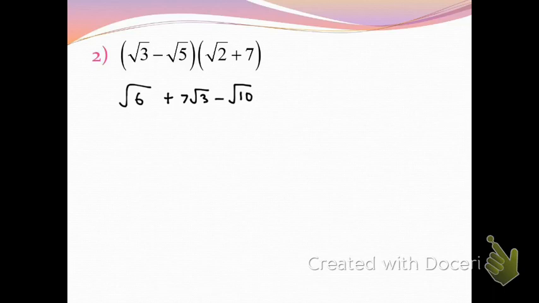And our last would be 7 times negative square root of 5. How about negative 7 square root of 5? And all of these square roots are simplified. None of them are like radicals. Would you all agree with that? So that's your answer. Circle it.